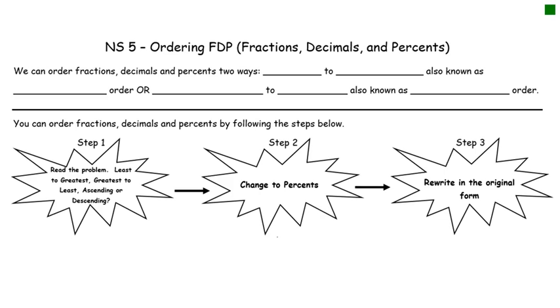As we get started with ordering, we need to make sure we remember some of the vocabulary. So we can order fractions, decimals, and percents in two ways. We can order them least to greatest, which is also known as ascending order.